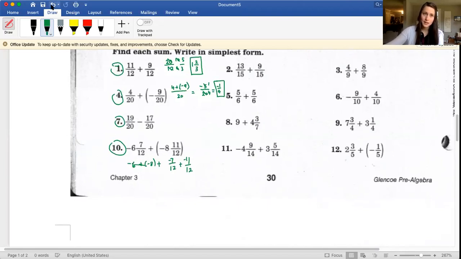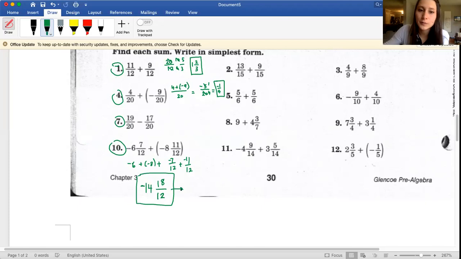Negative 6 plus negative 8 is negative 14. So I have negative 14. And then I've got negative 7 plus negative 11. That's negative 18. But because my negative belongs to this whole fraction, my answer is negative 14 and 18/12. When I see this negative, that means this goes into everything inside my fraction.